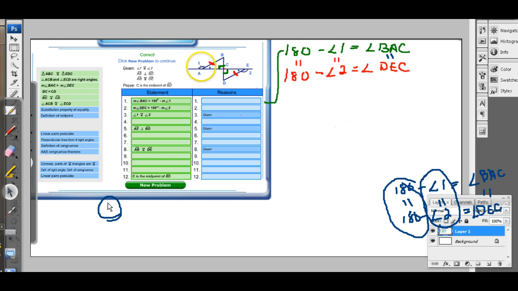So if these equals, angle 1 and angle 2, are subtracted from the 180 lines, then what's left over, these little angles here that I have with the dots, must be equal.